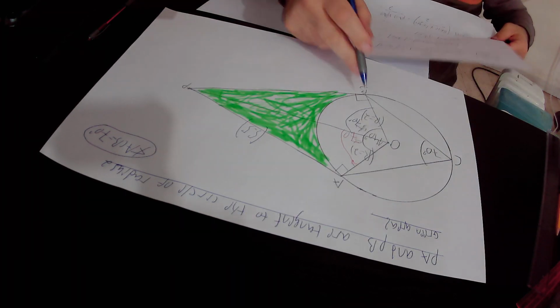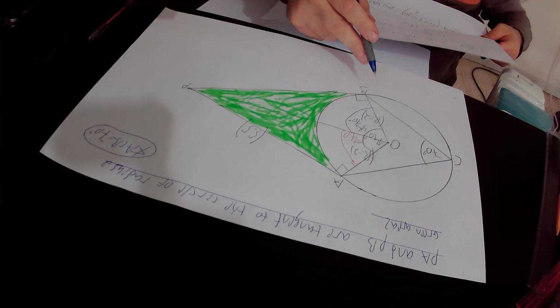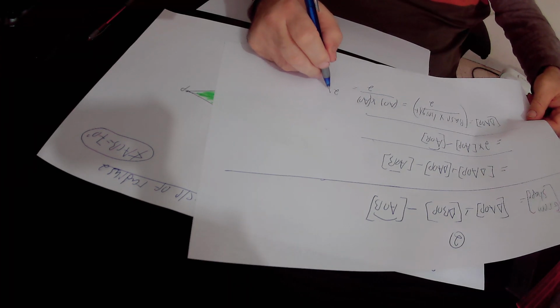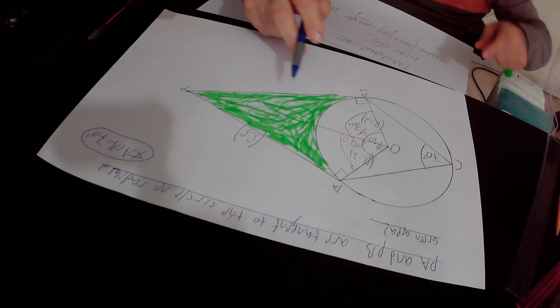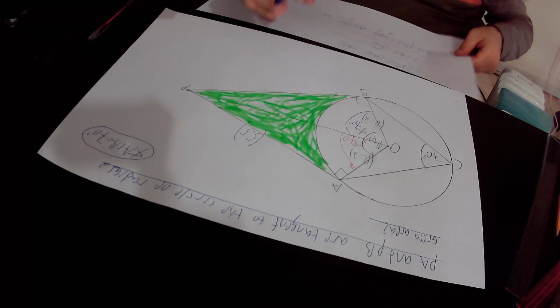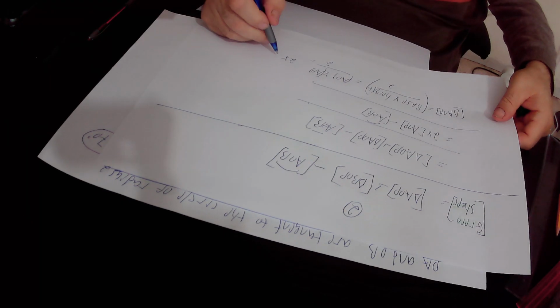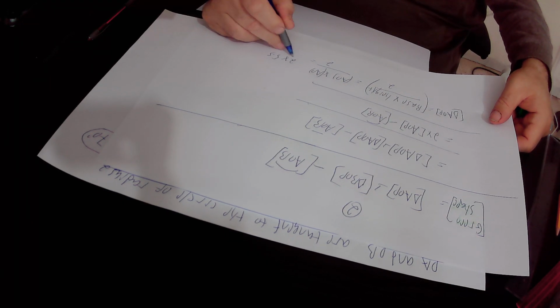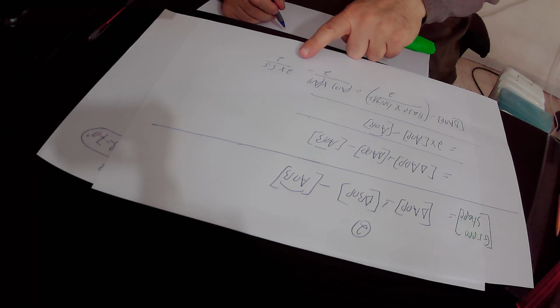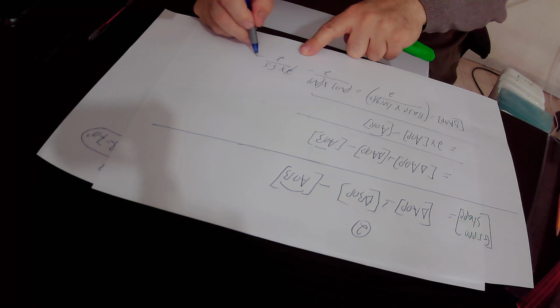So AO is 2, the radius of this circle, equal to 2 units in length, times AP. We already found out that the length of side AP is 5.5, so it is 2 times 5.5 divided by 2. The 2 in the numerator and the 2 in the denominator cancel, and we have only 5.5.